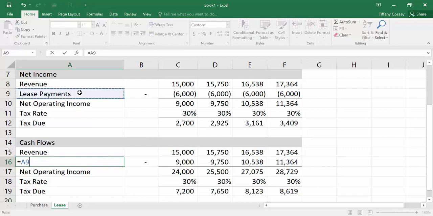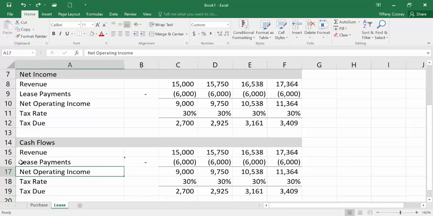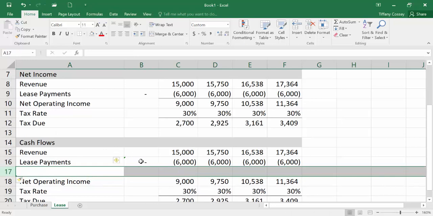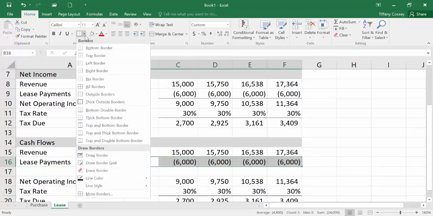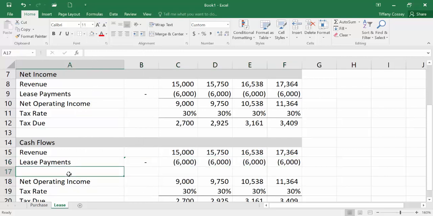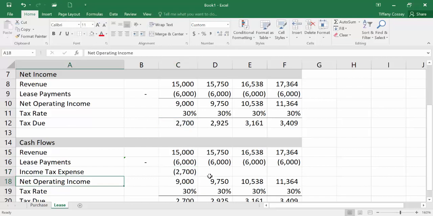So we have revenue minus our lease payments. But we are also now going to have income tax expense. And I'm going to pull that amount down and make it negative because it represents a cash outflow.